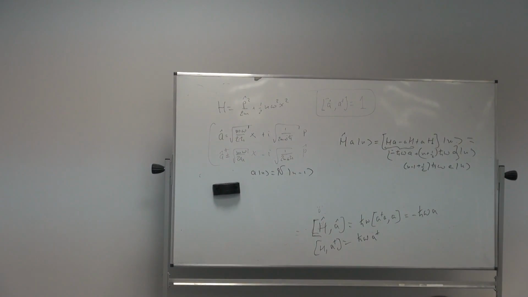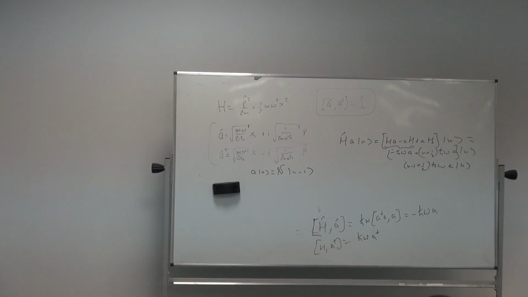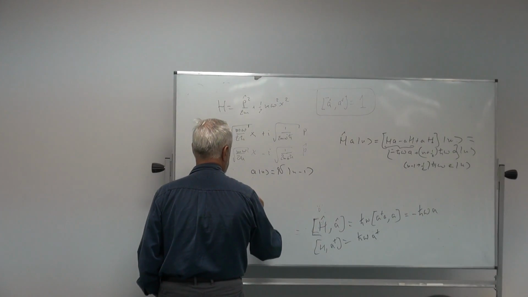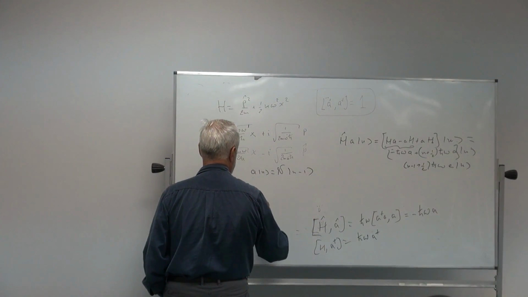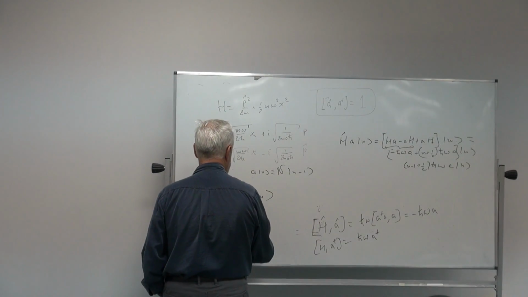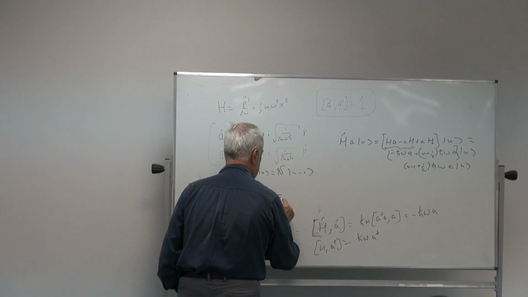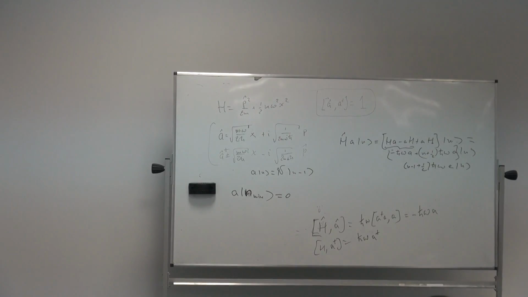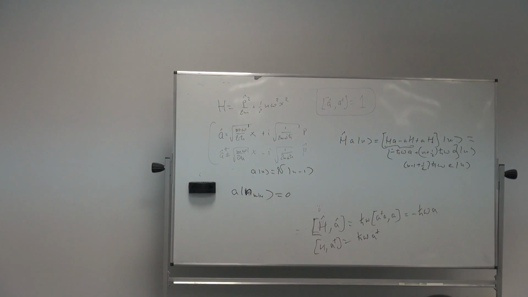Otherwise I could break my inequality, which says that the mean value of my Hamiltonian must be positive. So there must be an n minimum, such that A times this n minimum is simply 0. Otherwise, I could go down as far as I wish.